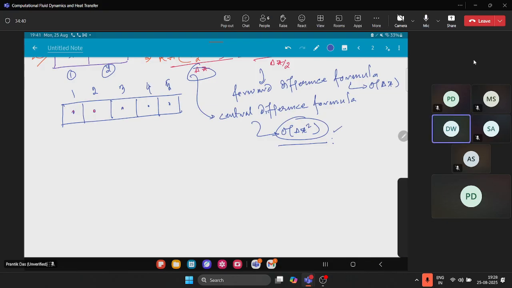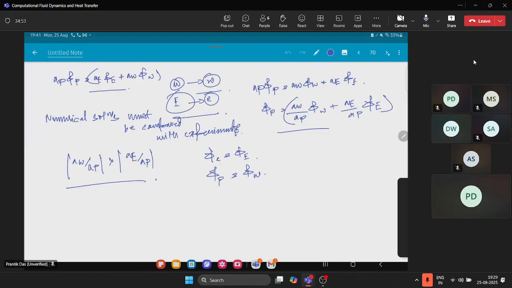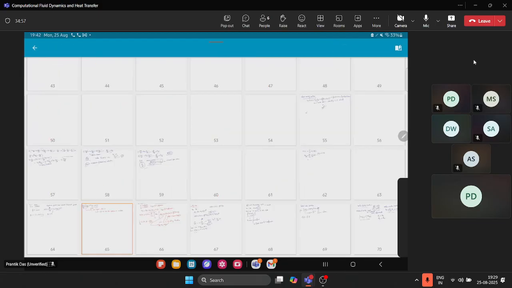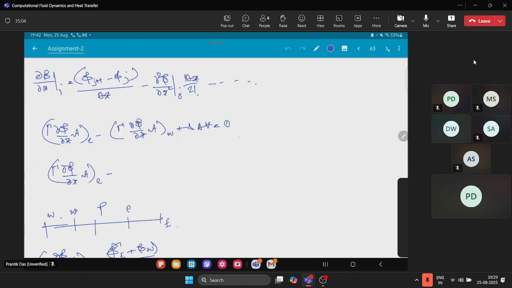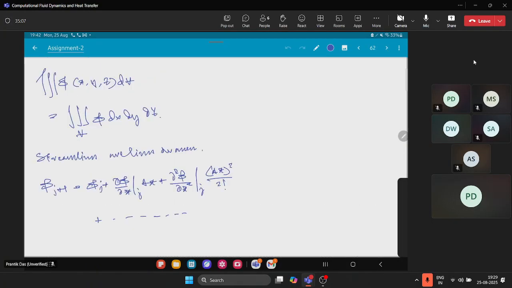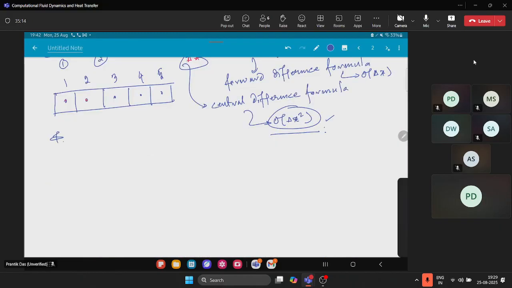Let me write it for you. For example, phi j plus 1 is equal to phi j plus d phi dx delta x, plus d square phi dx square delta x square by 2 factorial.